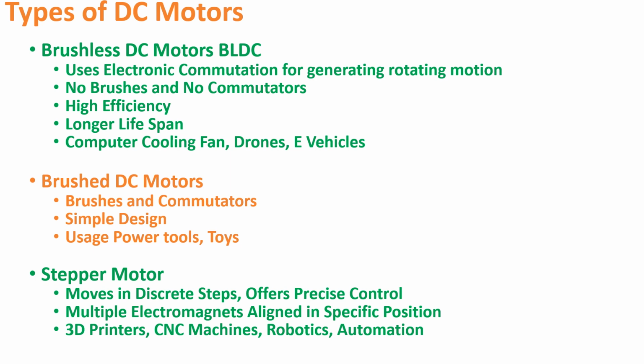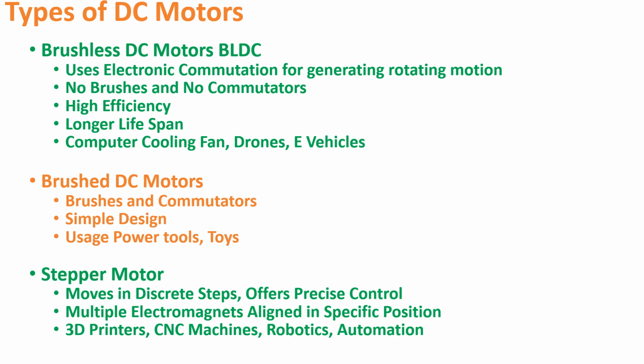BLDC motors offer advantages such as high efficiency, longer lifespan and smoother operation. They are commonly used in appliances, computer cooling fans, drones and electric vehicles. Since it's brushless, it has a longer lifespan; there are no parts which touch each other.